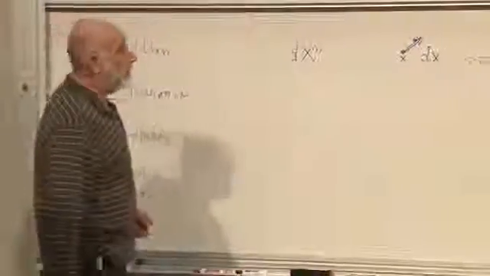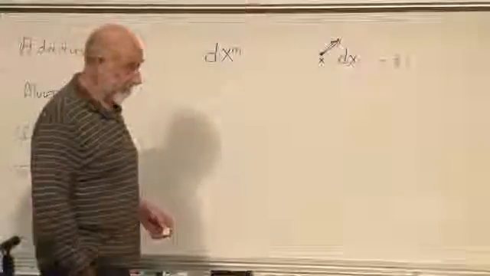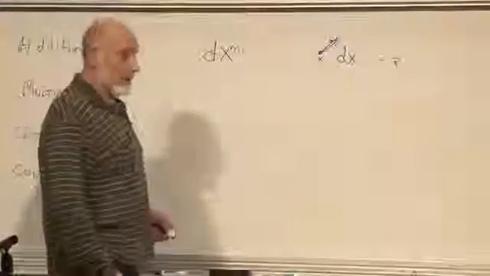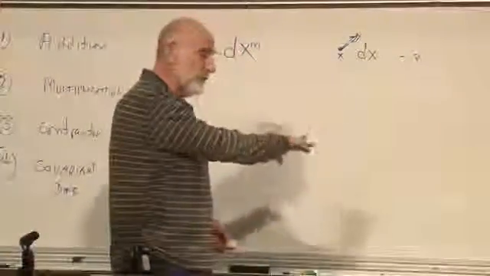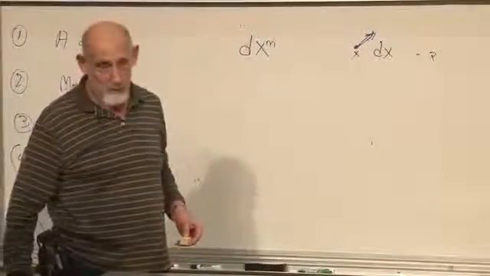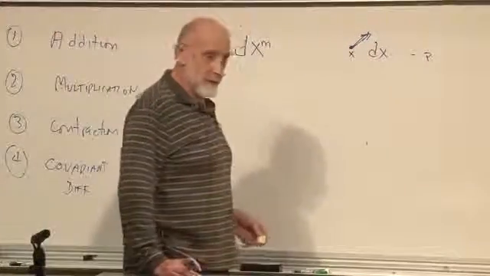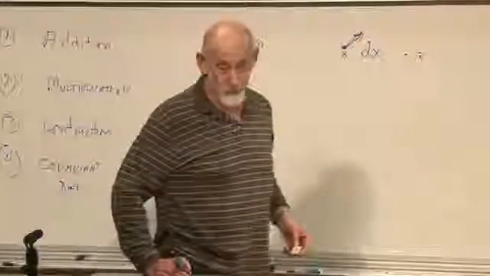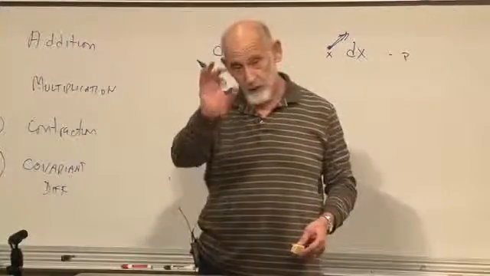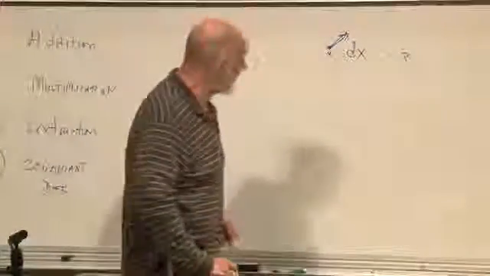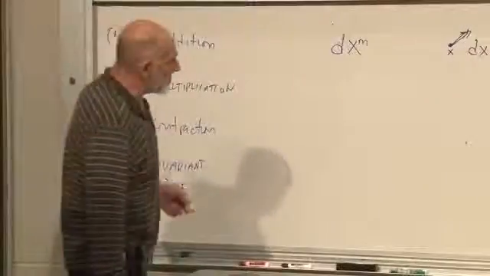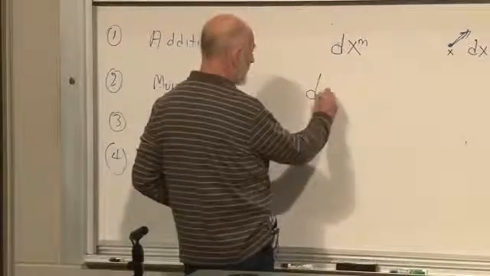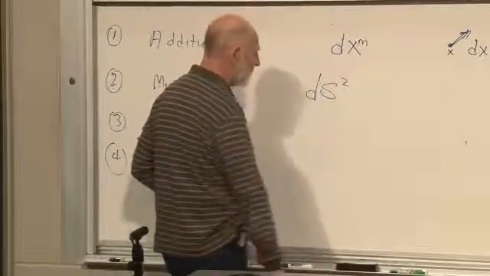And now we ask, what is the length of that vector? Well, I haven't told you enough to tell you what the length of the vector is. This could be some arbitrarily shaped, complicated space. And specifying what the space is in effect specifying what all the lengths of the little elements are. All right, so we take the dx^m, and let's take the squared length. It's always easier to start with a squared length, Pythagoras' theorem.